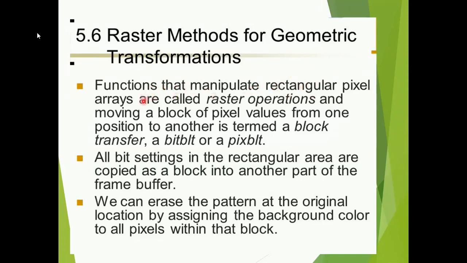Here we move blocks of pixel values from one position to another position in the frame buffer, and we call that a block transfer, bit block transfer, or pixel block transfer. That is the meaning here. Let me explain in detail.